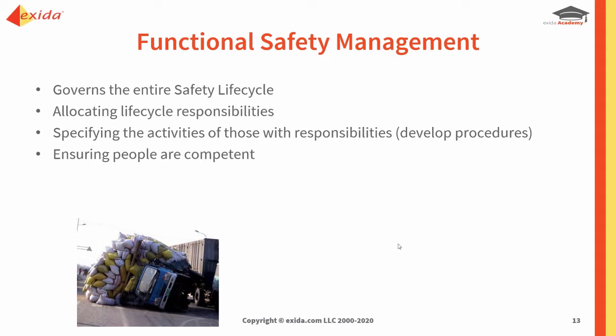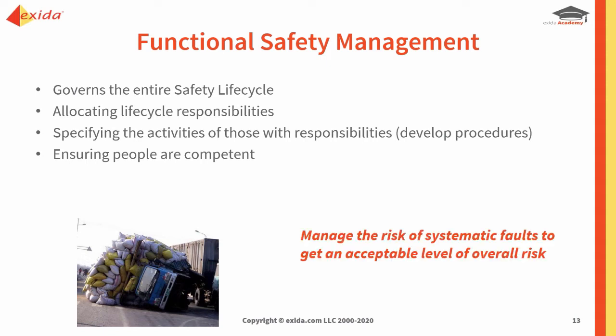There's also a requirement now for periodic reviews and assessments of the personnel working on any SIS. And the purpose, of course, of all of this is to help us manage the risk of systematic faults, so we don't introduce any problems.